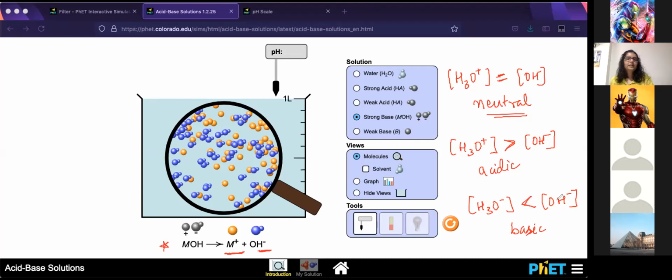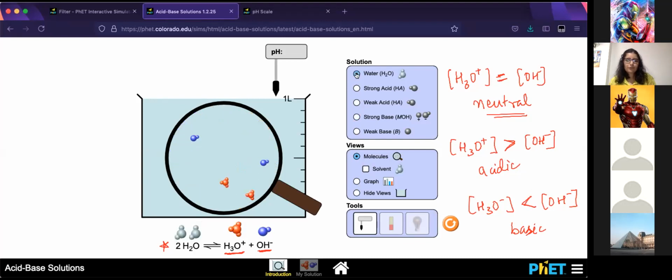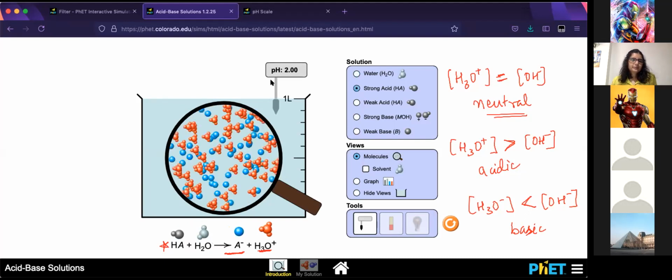Okay. Can you click on water once again? Yeah, I will. So pure water, two molecules, they break down. You have some H3O plus and you have some OH minus. So you can see that in the pH value also. When you look at a strong acid, for example, if the pH is 2, you can see that there is complete ionization.